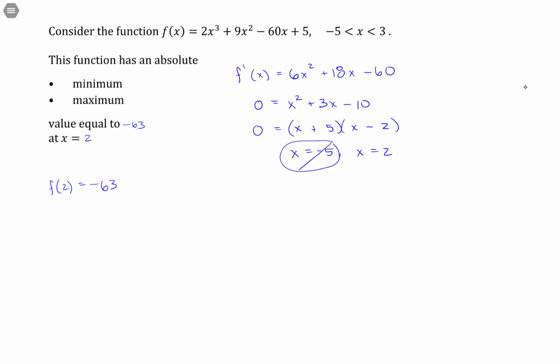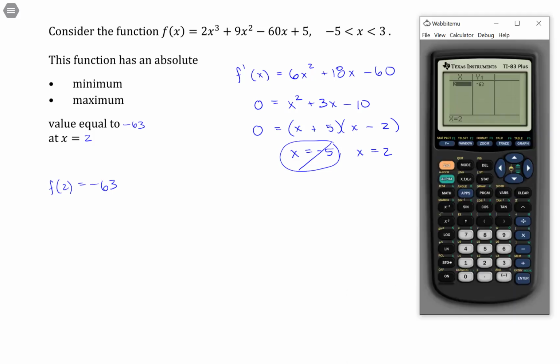So to determine if this is a maximum or minimum, the best we can do at this point, which we'll have a better way shortly, is look at the graph and just see what it is.